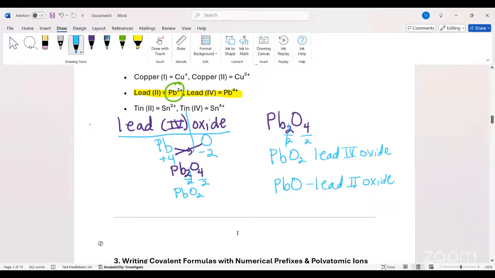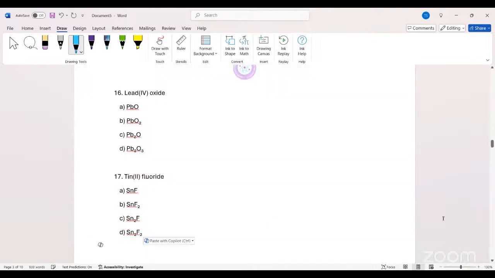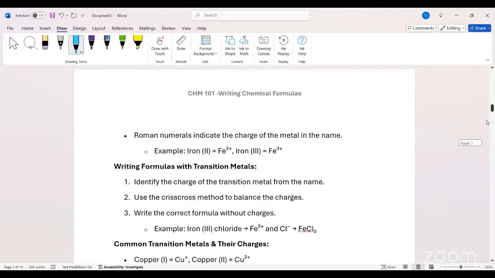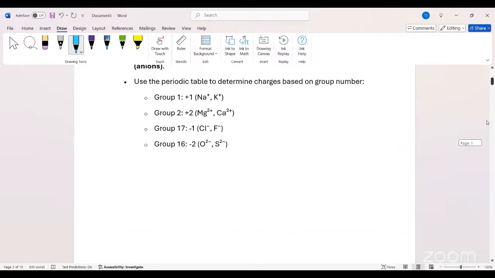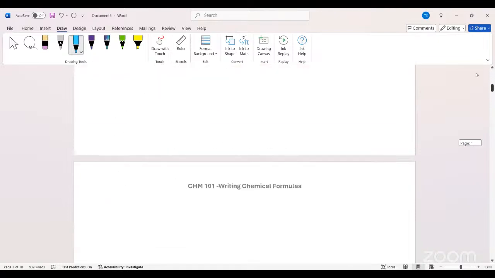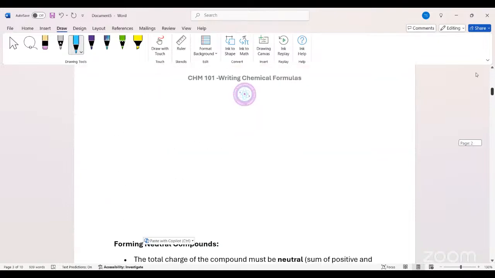Okay. So Roman numerals are only used for transition metals. Yes, transition metals plus lead and tin. Lead and tin aren't transition metals, but yes. So let me go back to my periodic table so you can see this. Okay, I changed the screen.